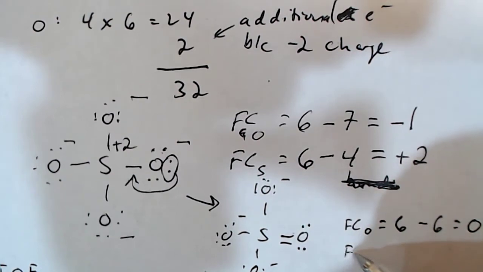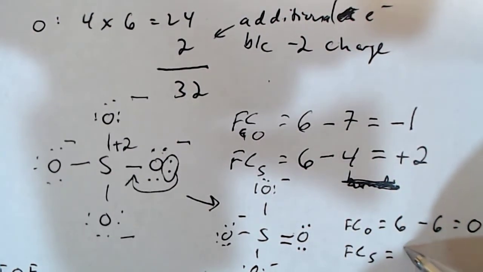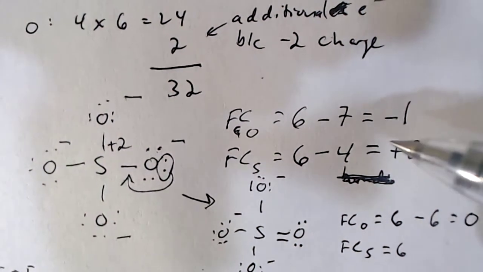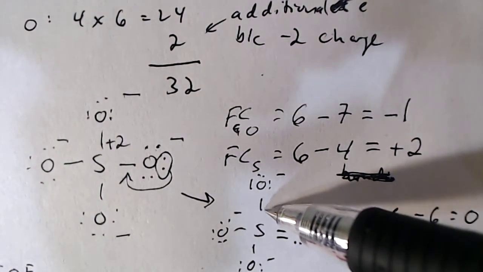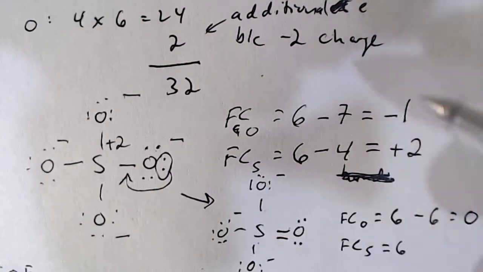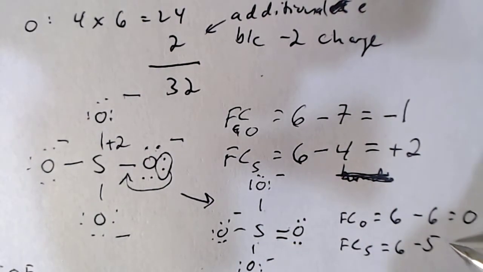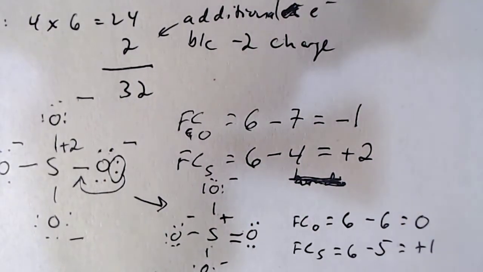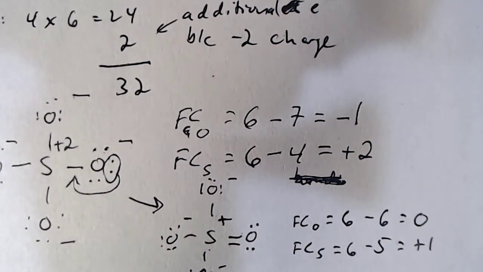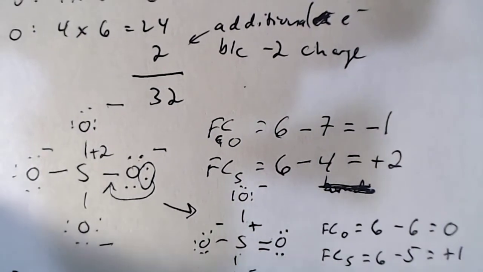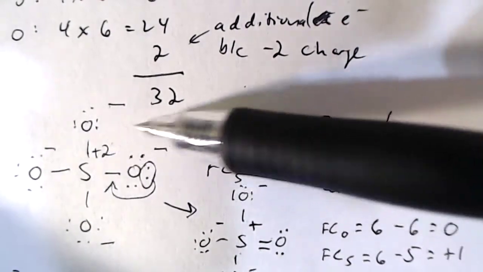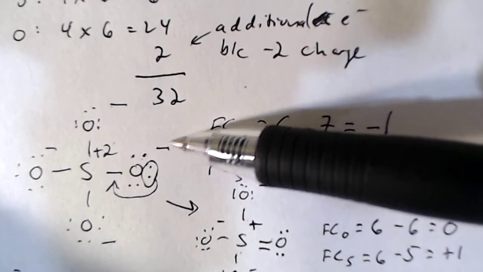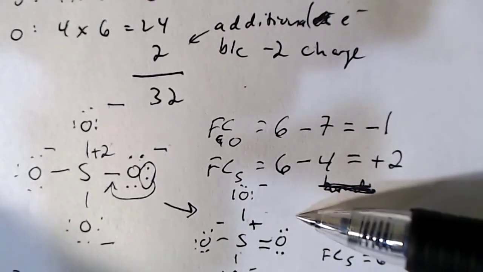And then on this sulfur, normally it should start with 6 valence electrons. And how many belong to it right now? 1, 2, 3, 4, 5. So there's a +1 formal charge on this sulfur. So we've made some improvement. Previously there was a +2 and that other negative formal charge, and now it's just a +1 and no formal charge.